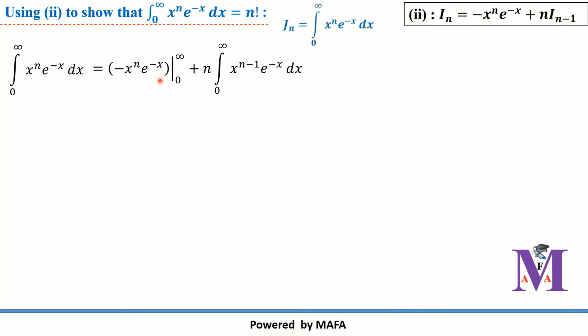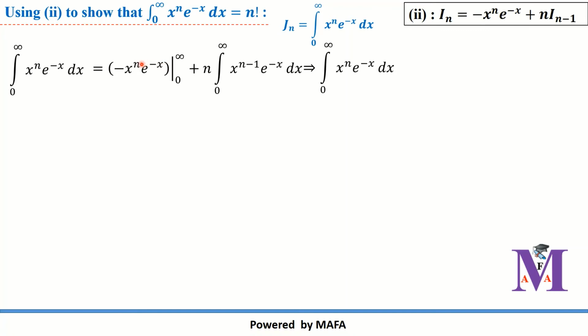Alright, so maybe if I pose my g of n to be equal to this big integral here, I'm going to use the limit approach to this. So I'm going to replace infinity here with a constant, and then I look for the limit as that constant is tending to infinity, because infinity is not a real number, you see.